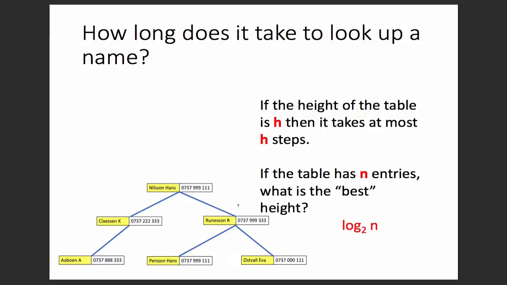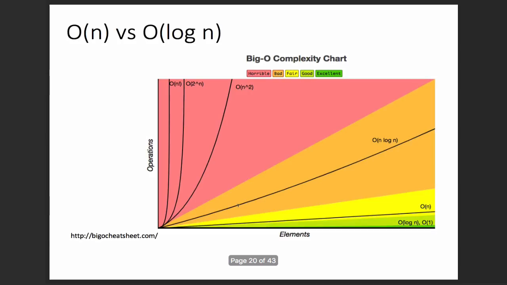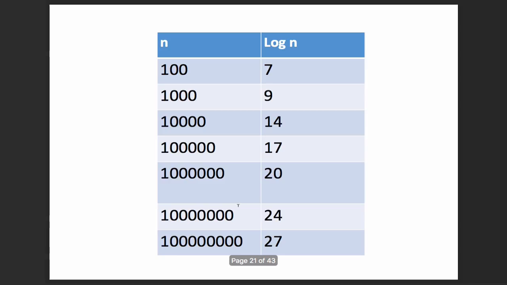So what's the big deal about the logarithm? Well, never mind this table. Let's look at a table of the logarithm, the logarithm with base 2, the binary logarithm. If we have a tree which has n elements, what is the best case for the height of that tree using this representation?